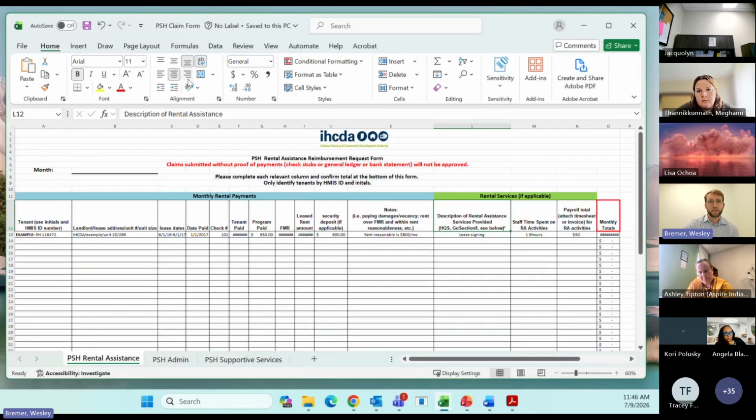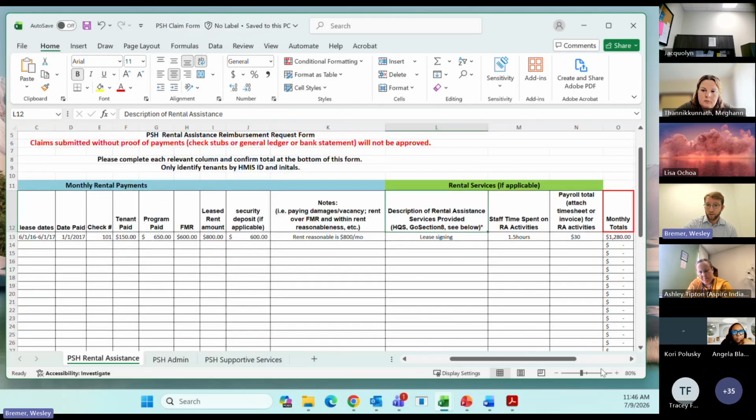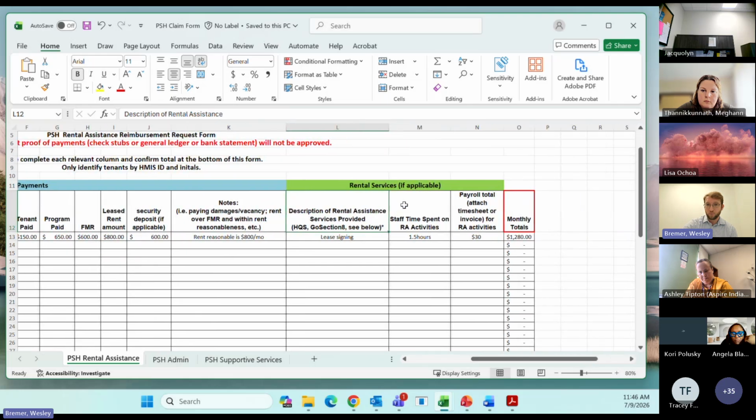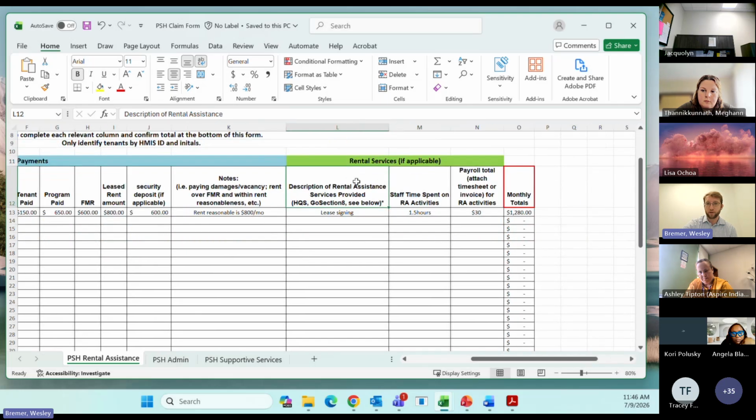And we just want to stress that we have set you up to seek these reimbursements. Here on the screen, you're seeing the claims narrative form for PSH, but I also checked for rapid rehousing and TH, and they also have this section in green where you can seek reimbursement for some of those labor hours that can be reimbursed under rental assistance.